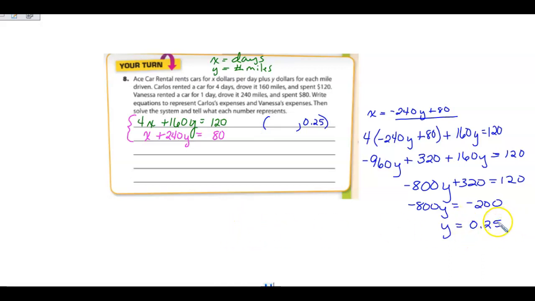So I'm going to take this, plug it back into this equation. So I've got 4x plus my 160 times my y, which we know is 25 hundredths, equals 120. So if I simplify 160 times 0.25, I get 40.